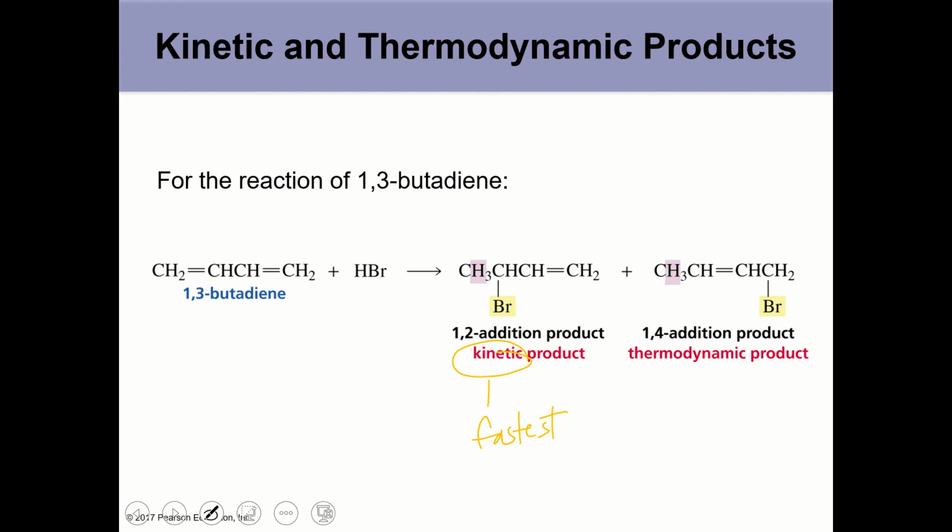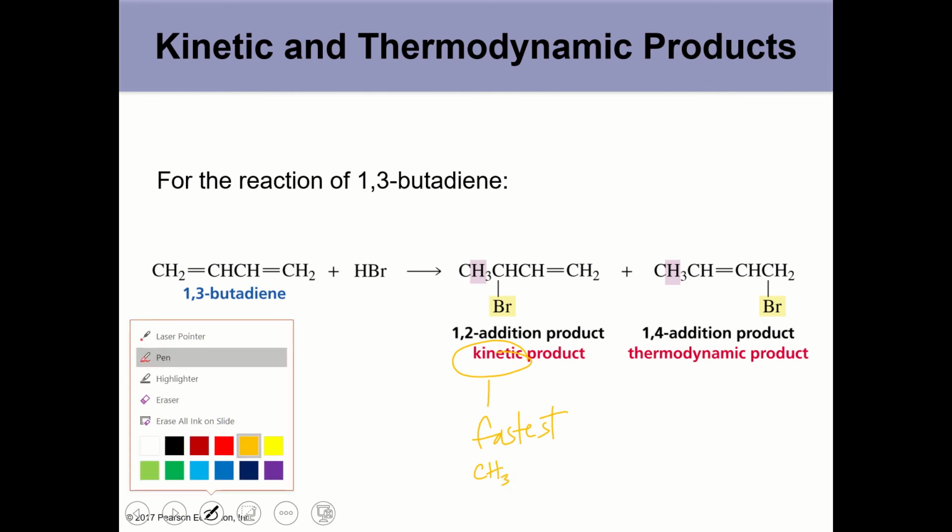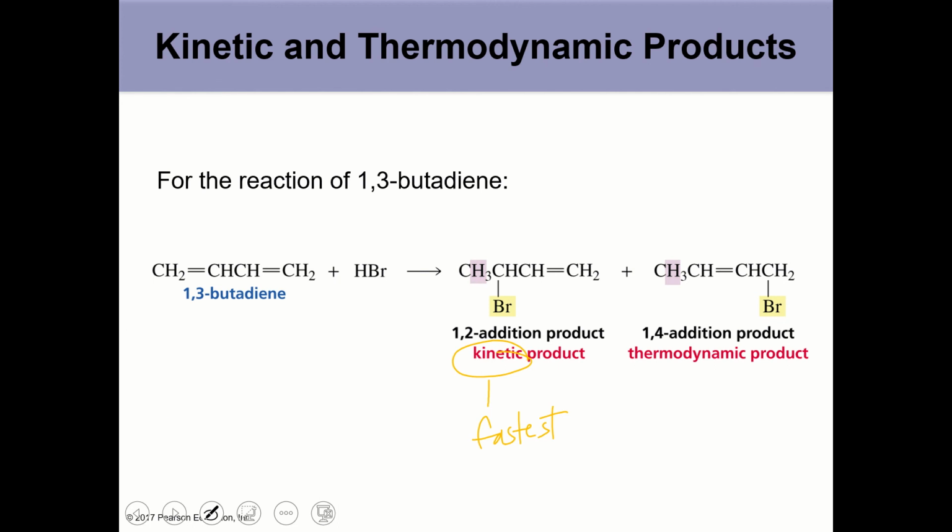So the 1,2 product forms the fastest because one hydrogen adds from the bromide, in that when this pi bond comes down and picks up this hydrogen, the proximity of the bromide is that it is closer to C2, physically closer to C2.